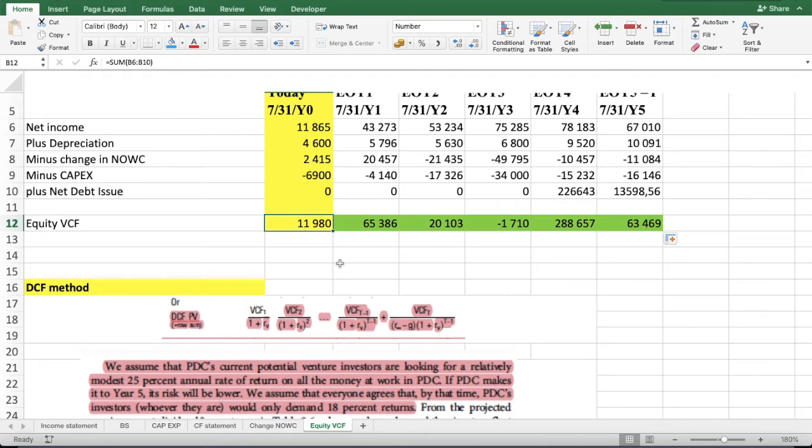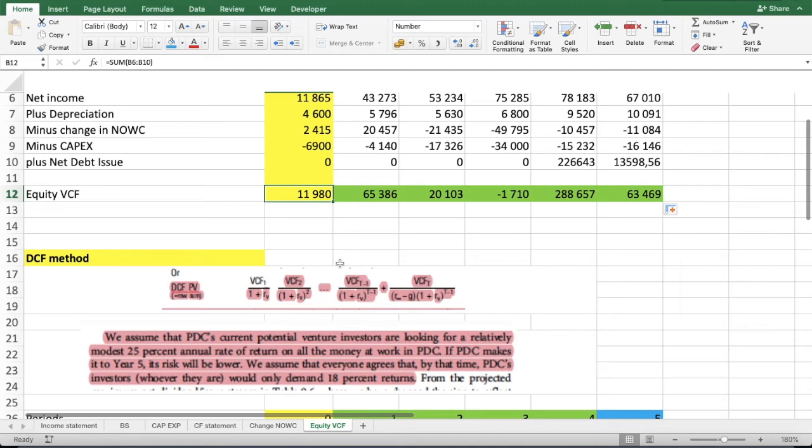First, we can use the discounted cash flow technique, or we can use the net present value technique. And we must have the same results for both these two techniques. So let us check the results.